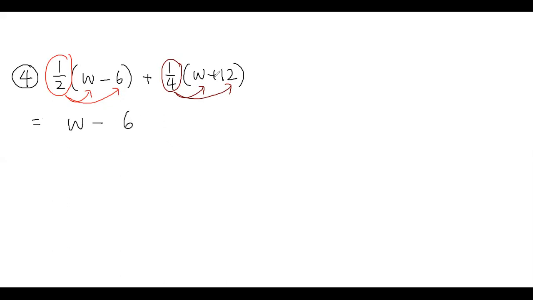I just want half of it. Okay. Then I want a quarter of everything that's inside this group. The reason why I put a plus sign here is because there's a plus sign right here. This just moves down with it. So W plus 12, and I want a fourth of everything that's inside there.